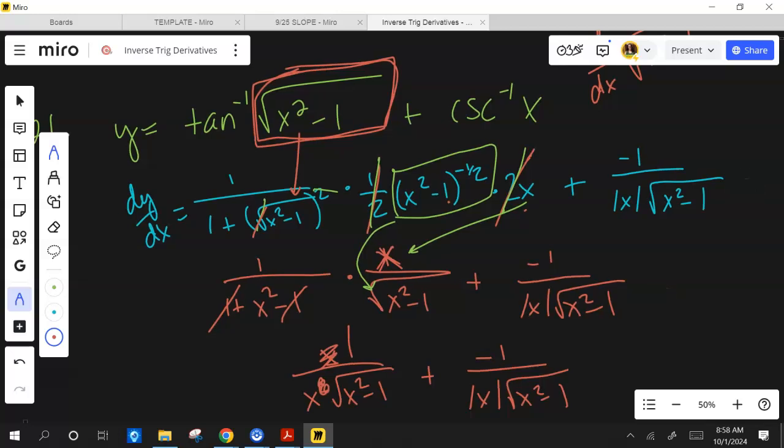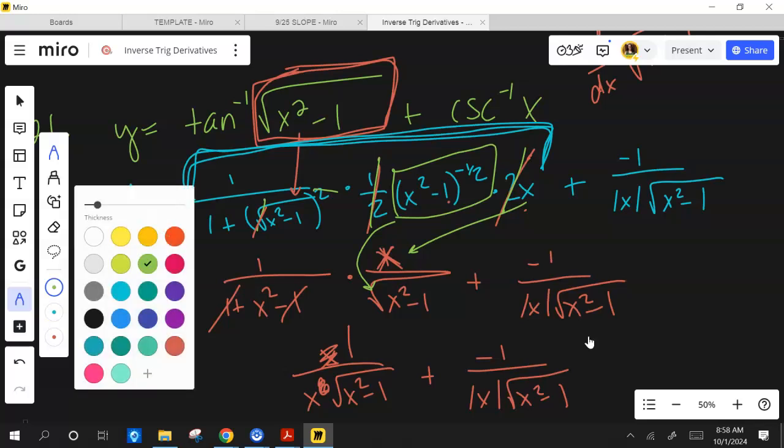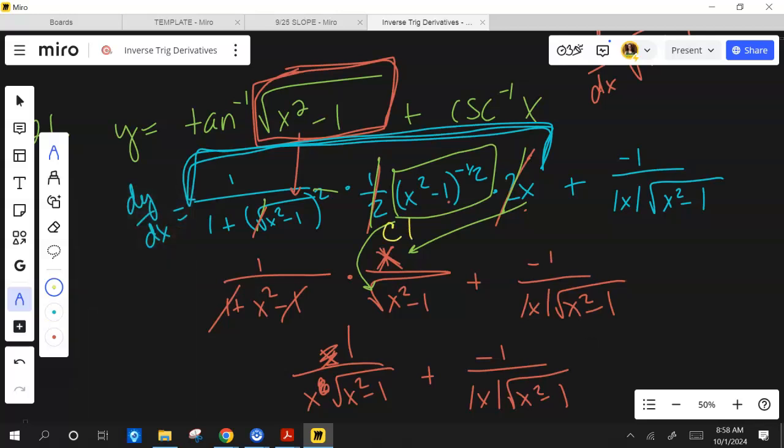The blue? So the blue, all of this is just the derivative of inverse tan. This second part, this is my chain. Sure?